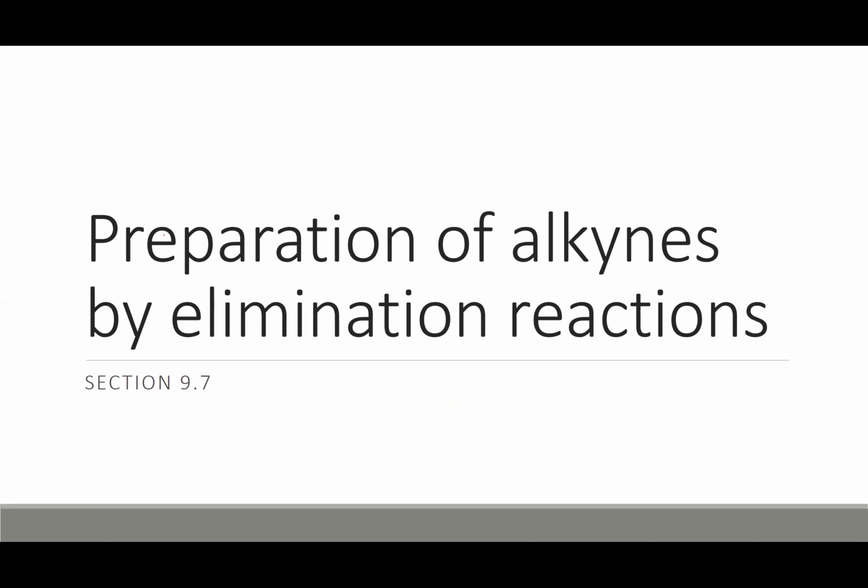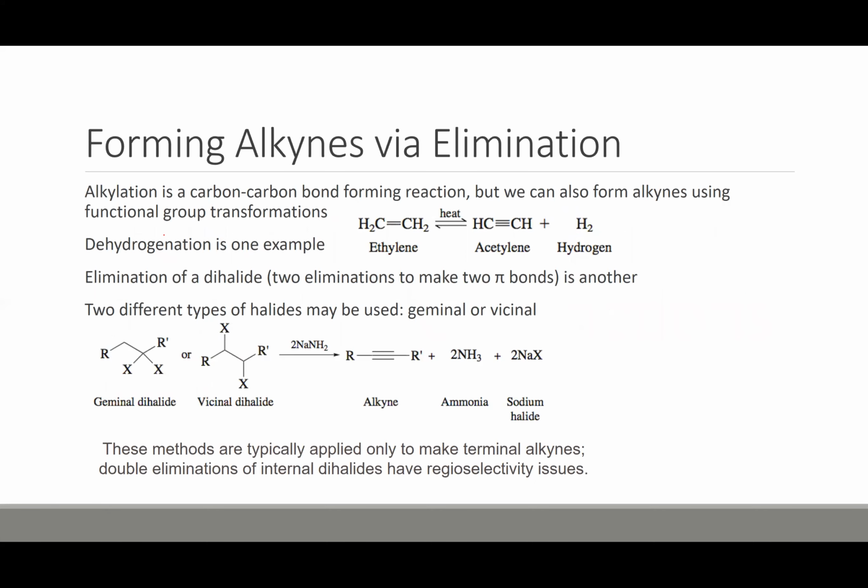Okay, so now let's talk about how we can prepare alkynes. We talked about using alkynes for an extension and adding carbon-carbon bonds on them, but let's talk about how we make alkynes. Alkynes can be formed via elimination, just like we can form double bonds via elimination. The most simple form of this is transforming a double bond into a triple bond through dehydrogenation.